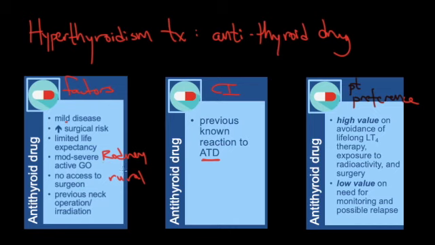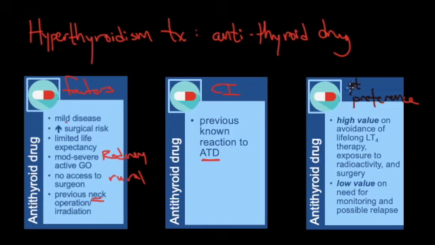Another factor would be whether the patient is from a rural community where they might not have access to a surgeon who wants to perform this. And also if they've had a neck operation in the past and we don't necessarily want to go that route again. When we talk about contraindications to this type of therapy, basically if they've had a previous known reaction to an anti-thyroid drug, we don't really want to mess with that again.